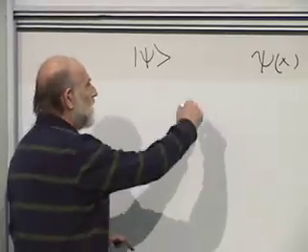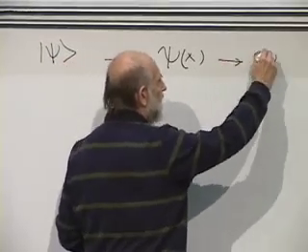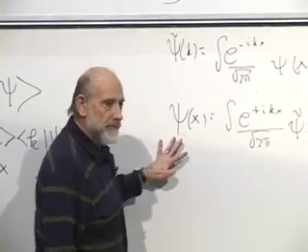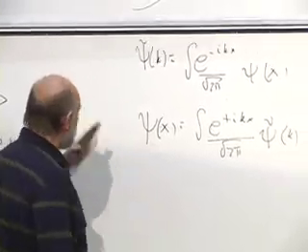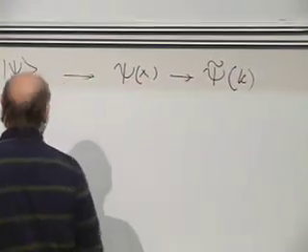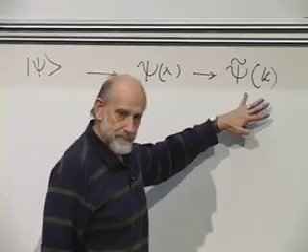Okay? But we can also use a psi twiddle of k, which has the same information. How do I know it has the same information? Because you can go back and forth between them. One simple vector is described in two distinct ways, one in terms of a wave function of position and the other in terms of a wave function of momentum.